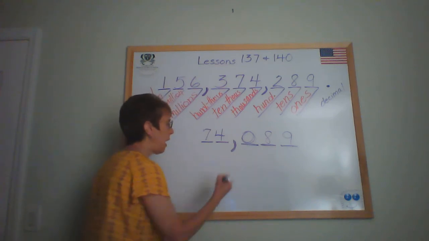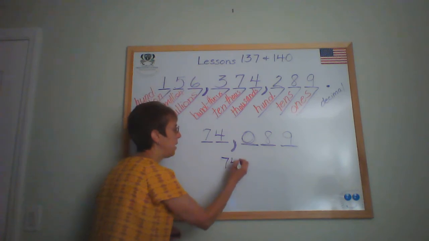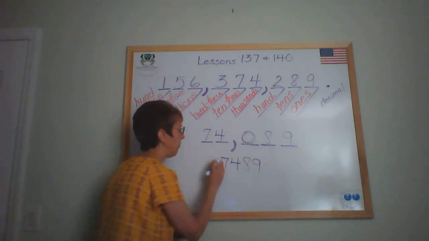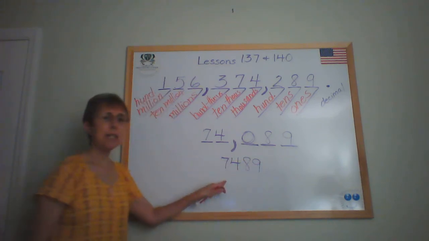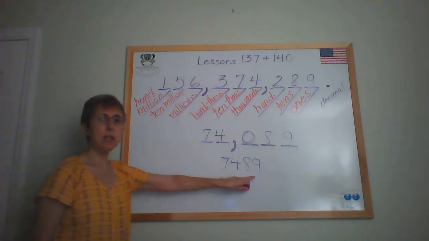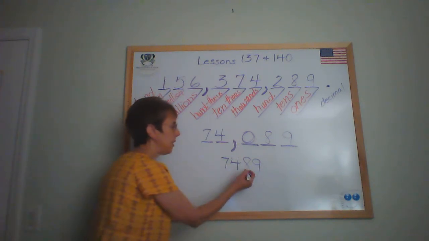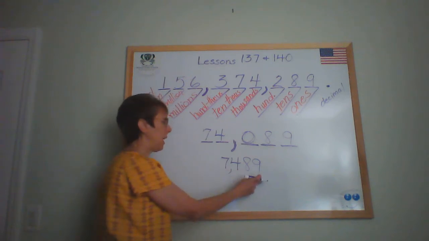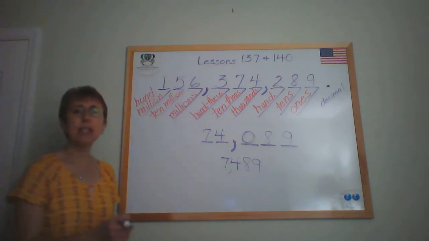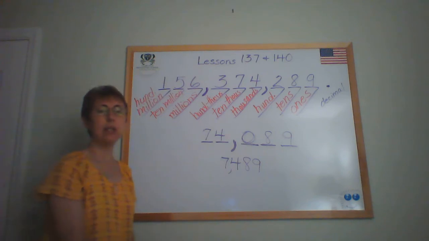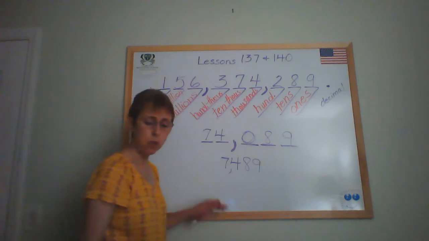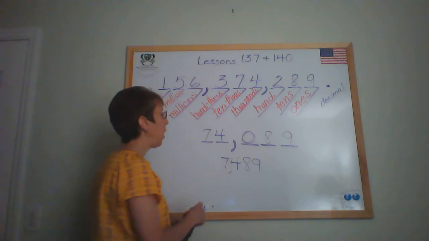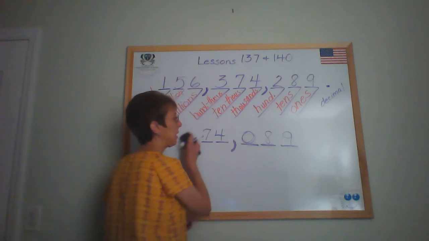Well, if you wrote down only what you heard, 7489, how is this 74,089? It's ones, tens, hundreds, and the comma. This would be 7,489. That's a lot different than 74,089. So you do need to pay attention to your number of places.